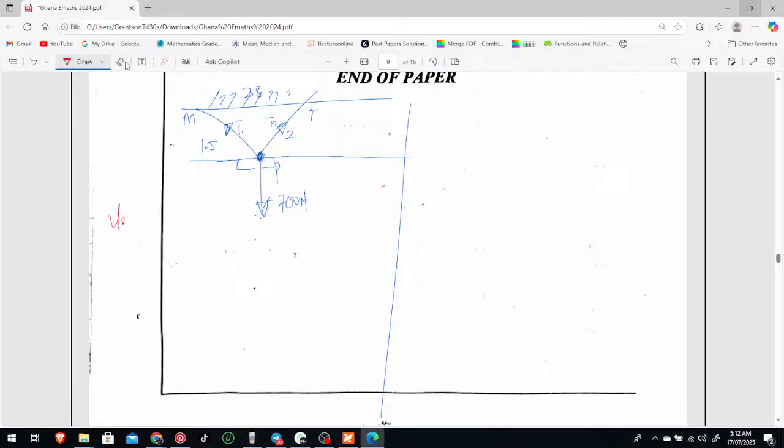Using cosine rule, we brought the diagram out. T, P, M, 2.8. So this is how you solve it in exam. So bring the diagram out so that it becomes a simple question for you. Put theta here.